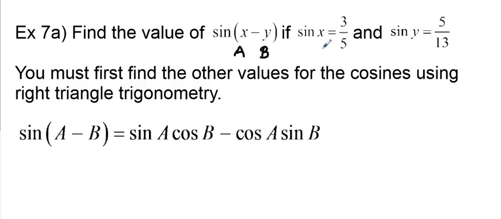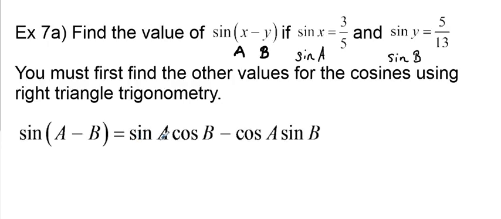Now, if that's the case, A is represented by X, B is represented by Y, then the sine of X is actually going to be the sine of A, and the sine of Y is actually going to be the sine of B. Now, if we go down here to our formula, remember that there's four things that we need.